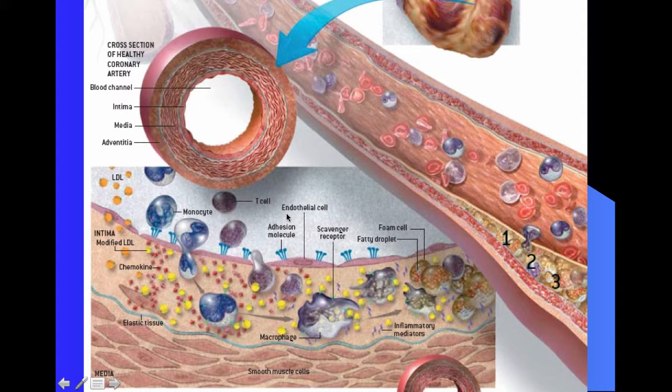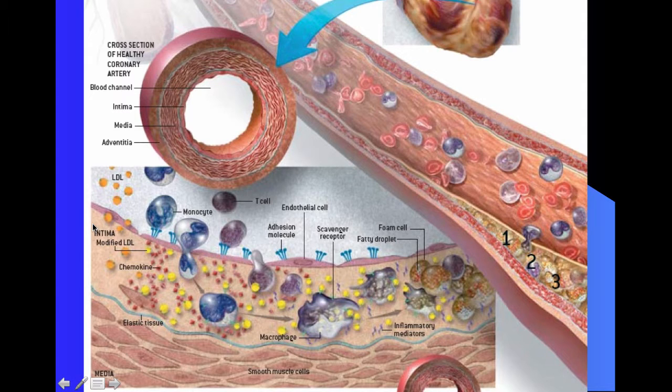Endothelial cells, not epi, endo. And we can see, for example, adhesion molecules here, these extensions, and we see a couple different cell types. We have monocytes, which are part of the immune system. We have T cells. And you can see the monocyte is actually bound to this adhesion molecule, and then the monocyte can actually kind of roll in between the endothelial cells to get into this intima.